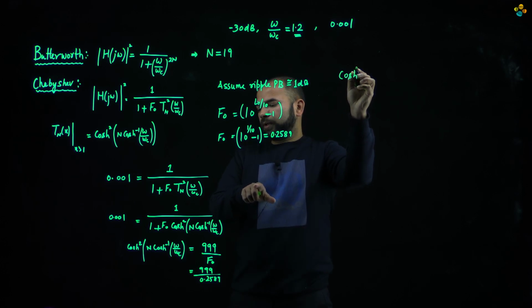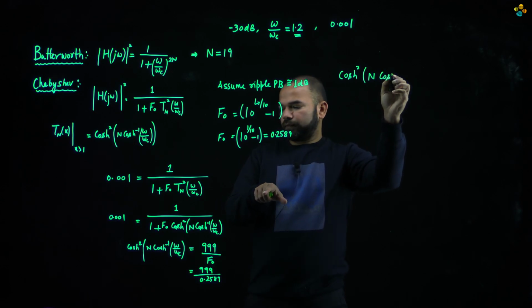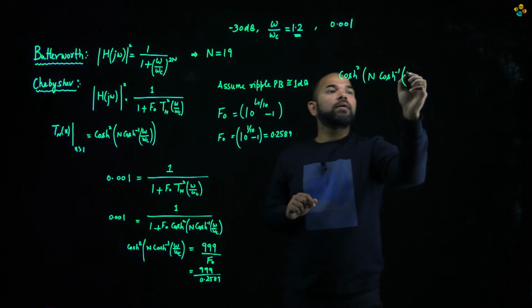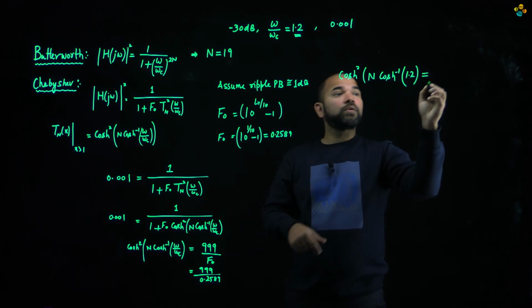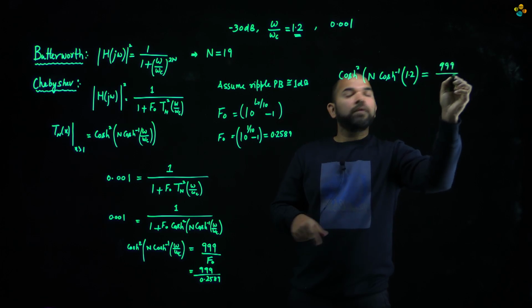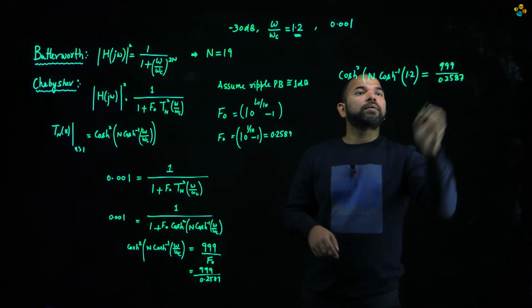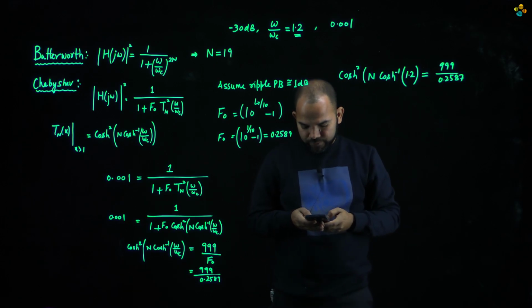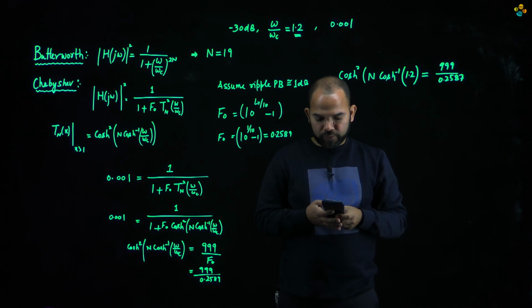Cosine hyperbolic square n times cosine hyperbolic inverse of omega by omega c, which we can take as 1.2, and this value is equal to 999 divided by 0.2589. So let's see what this value is. Hyperbolic cosine inverse of 1.2.